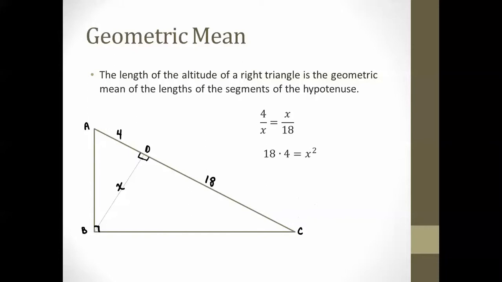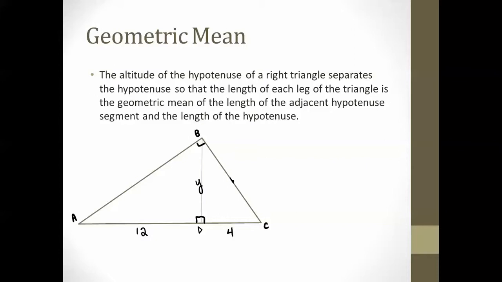So then we just cross multiply. 18 times 4 equals x squared. So x squared is equal to 72. We want to break down root 72. That's root 36 root 2. Root 36 is 6, so x equals 6 root 2. So you can see here how we can use the geometric mean to find missing lengths. In this case, it's the length of the altitude of the big right triangle.